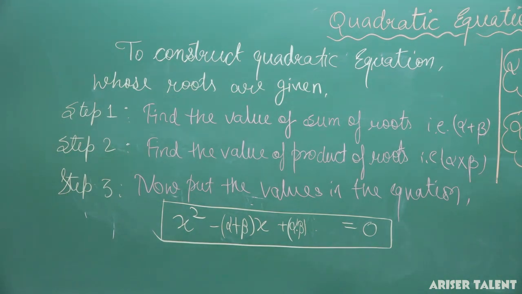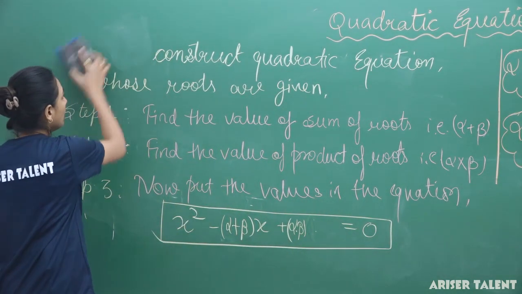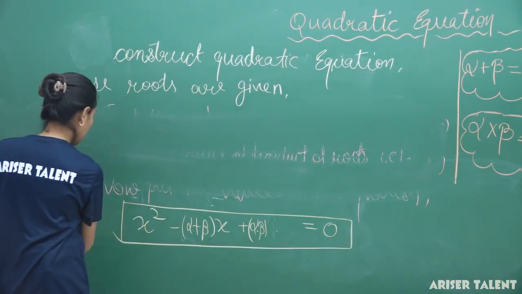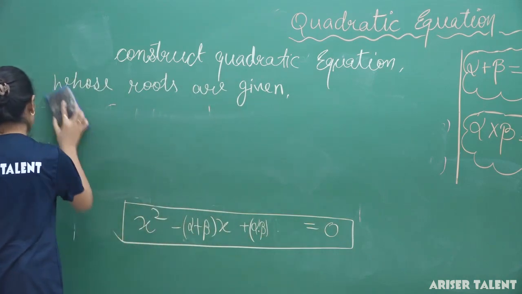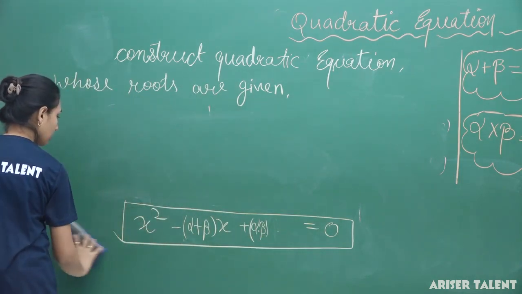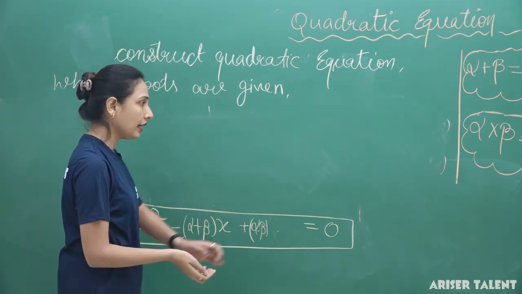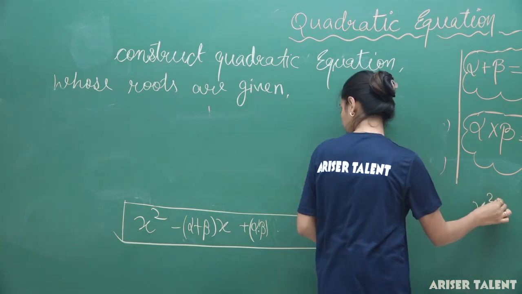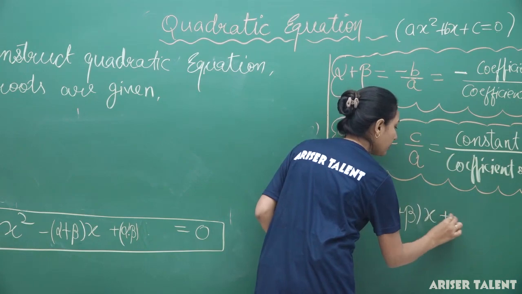So now we will do some questions based on this. Now I will change this topic into a question, and we will be writing this equation which we will be using in this part.